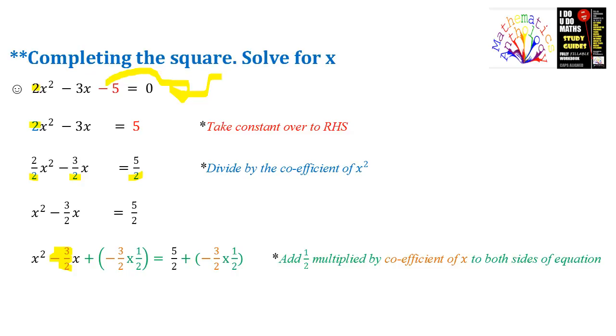You're going to add this negative 3 over 2 times half, so this bracket here, to both sides of the equation. You're going to add the same bracket on this side as well. So whatever the coefficient of x is, you multiply that by half and you add it to both sides of the equation.